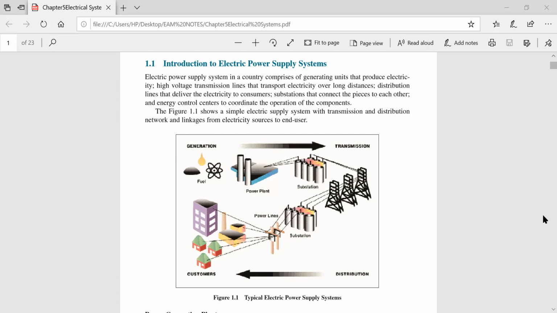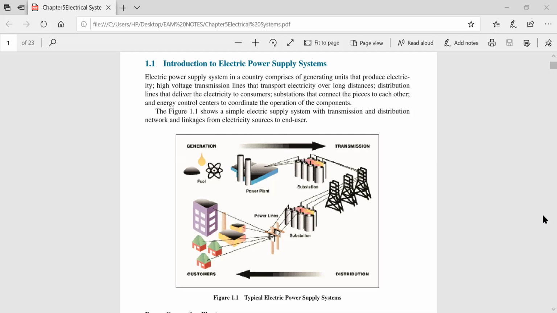As the figure shows, generation, either fuel combustion, then the power plant, and they are showing the transmission. From the power plant, the electricity goes through the transmission line to the substation. From this substation it goes through transmission lines to the other substation, where power transformers are installed.